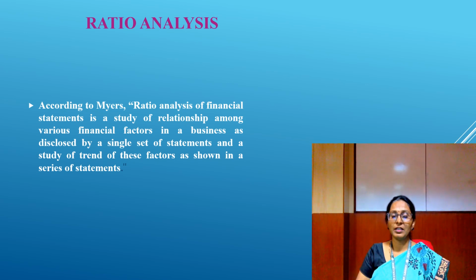In ratio analysis, we find out the relationship, whether it is positive or negative. These relationships are built using the financial statements, and we find a trend of these relationships by taking the financial statements into consideration.